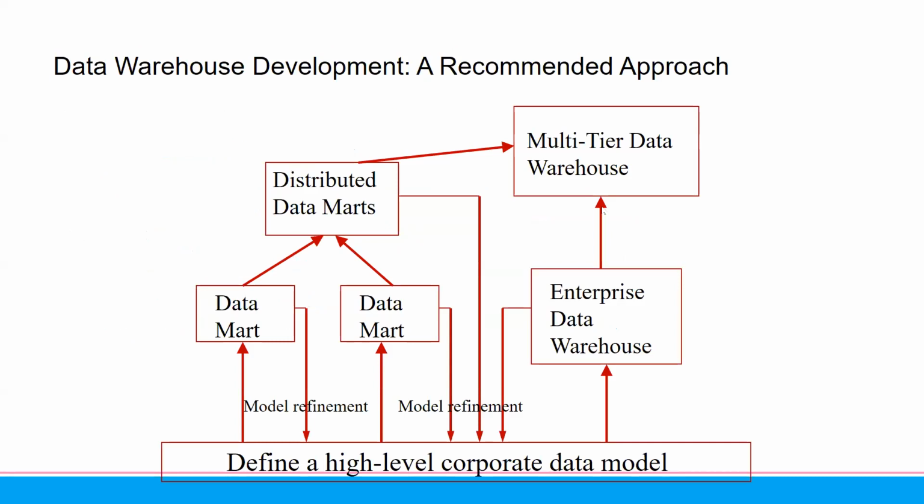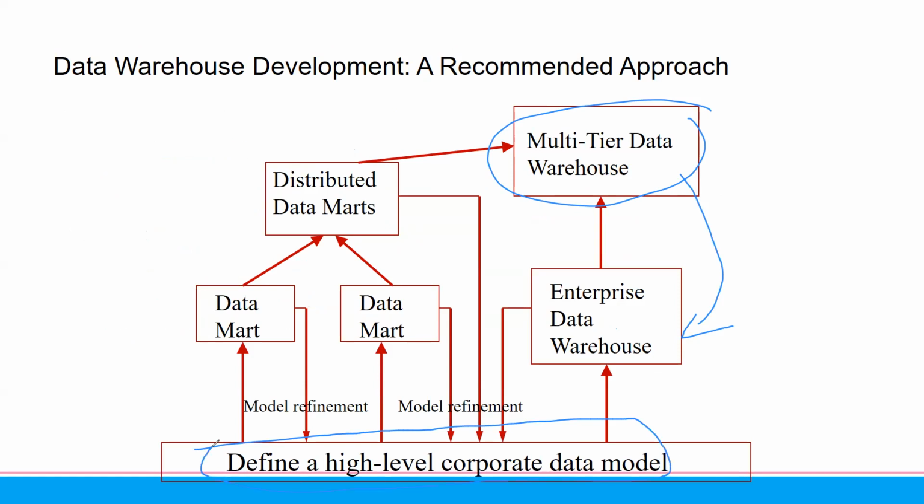This is the recommended approach. When we have the multi-tier data warehouse, we have the enterprise data warehouse. With the enterprise data warehouse, you can deal with this from the defined high-level corporate model.